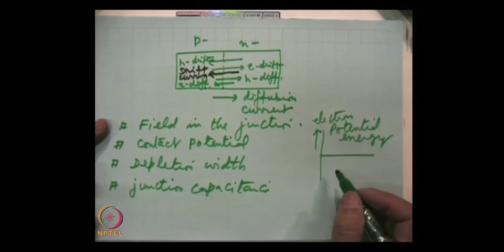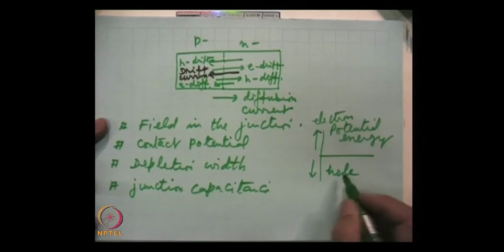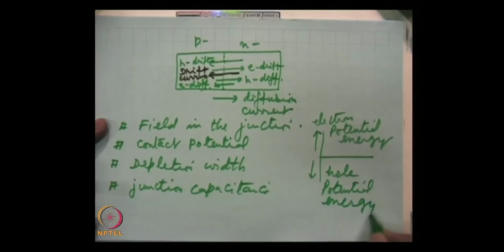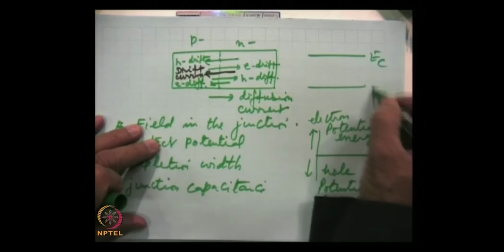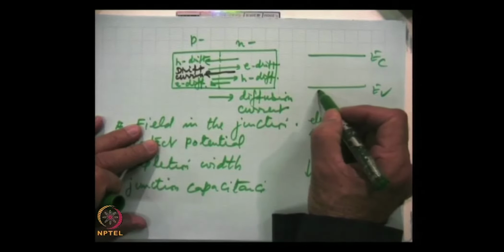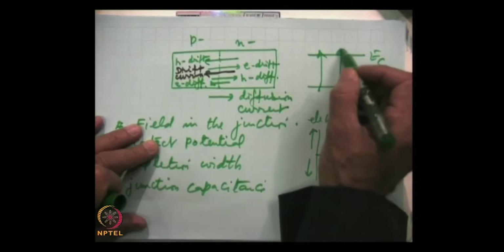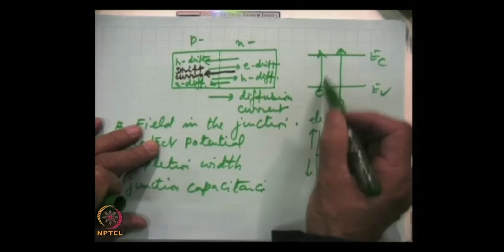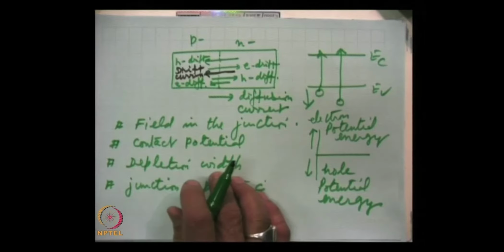But the hole potential energy goes in the opposite direction. Why? I can demonstrate in a second: if an electron goes from here, it creates a hole here. So, this is higher energy than this, meaning that hole energy goes in the opposite direction, and we will continue.